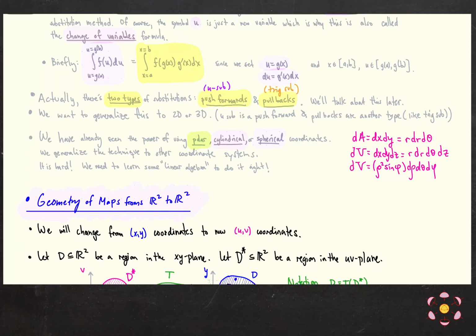Okay, and we gave explanations for where the r and the rho squared sine of phi come from in each case, but they were more geometric heuristic explanations. So in this section at the very end, we'll revisit these and prove them rigorously.